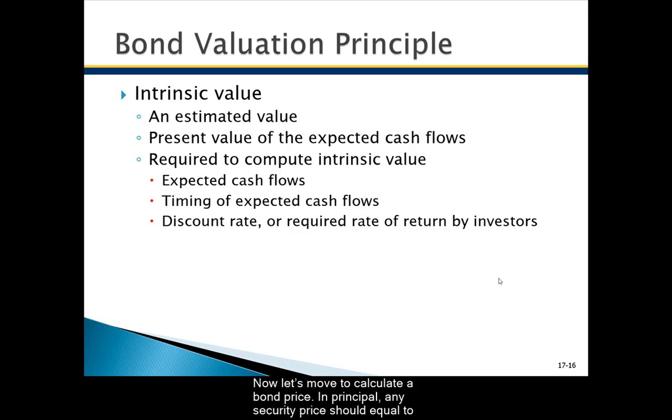Now, let's move to calculate the bond price. In principle, any security price should equal the present value of its future cash flows. For bonds, the price equals the present values of both coupons and the principal or face value. The intrinsic value of any security should be determined by, first, expected cash flows, second, timing of cash flows, and third, the discount rate.